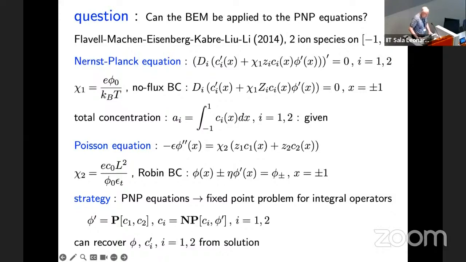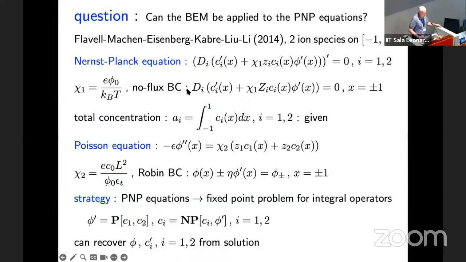In the interest of time, all I'm going to tell you is, you saw earlier how we solved the Poisson equation: Laplacian of phi equals rho. We convolve with the Green's function. Assuming I know the charge density, I can solve the Poisson equation, and in each step of the iteration, that's what we're going to do.